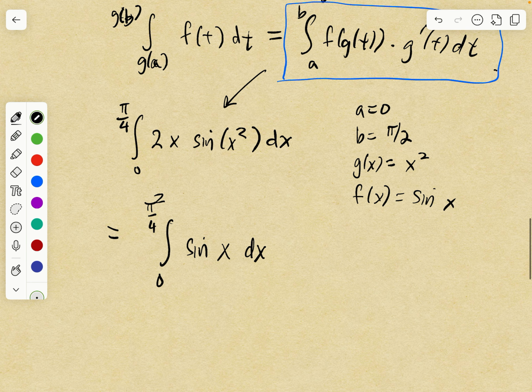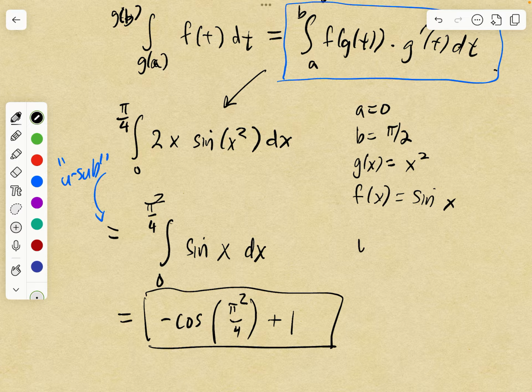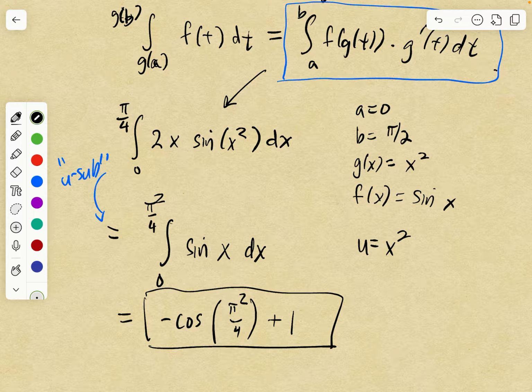And then this is going to be negative cosine of pi squared over 4 minus negative cosine of 0, so it's plus 1. This is usually called u-substitution because we let u be x squared, and then u is the same as g.